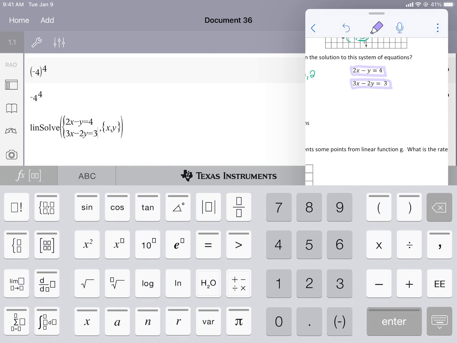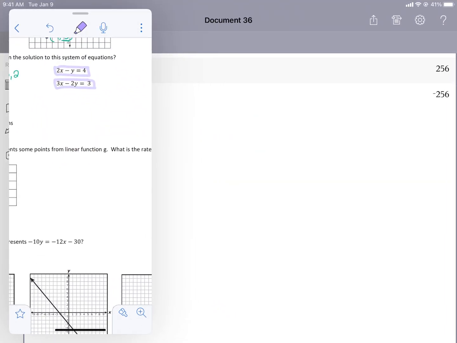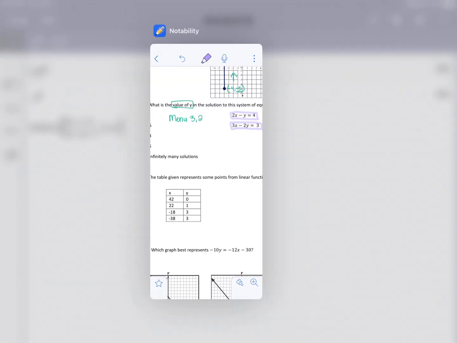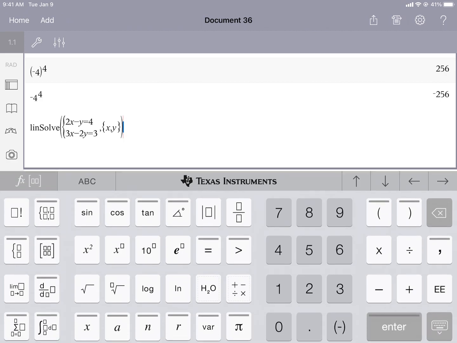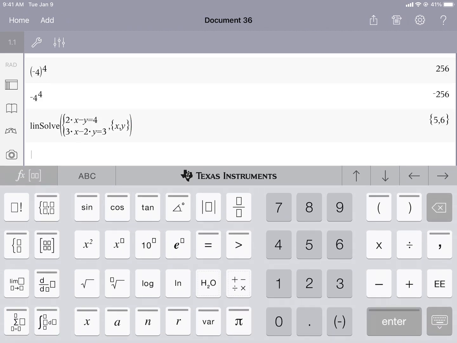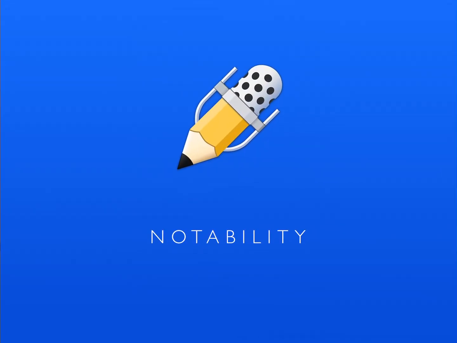So again, I'm going to double check. 2x minus y equals 4. 3x minus 2y equals 3. Perfect. So I want to go ahead and get rid of my notes. See if I can do this. There we go. Okay. And then I'm going to hit enter, and it tells me my answer is 5, 6. So I'm going to go back to the notes.